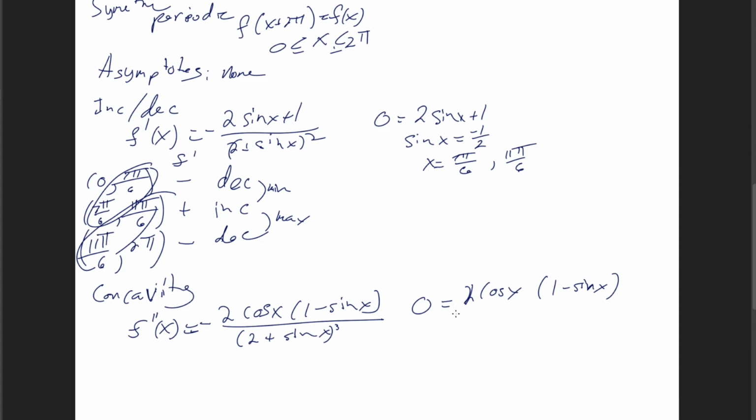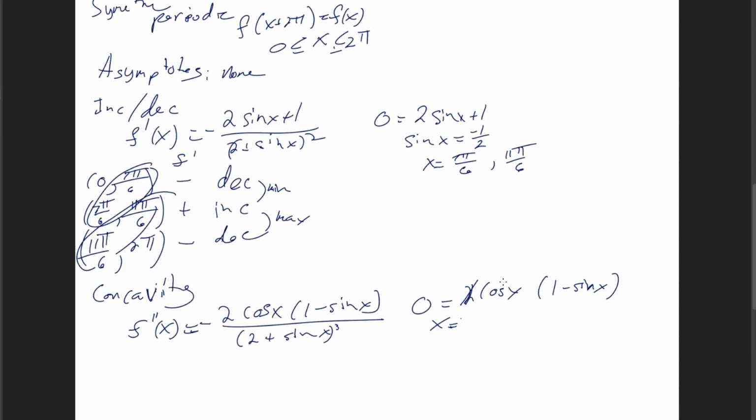And so cosine of x is at pi. And then here, the points we need to look at are pi. Let me be very clear on this. So when cosine is 0, let's be very clear.